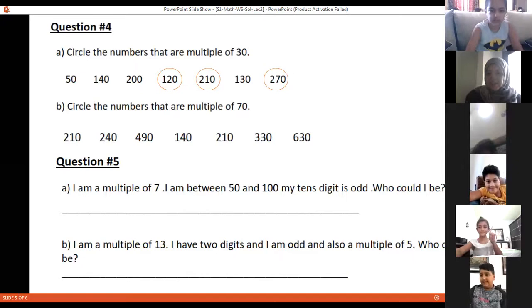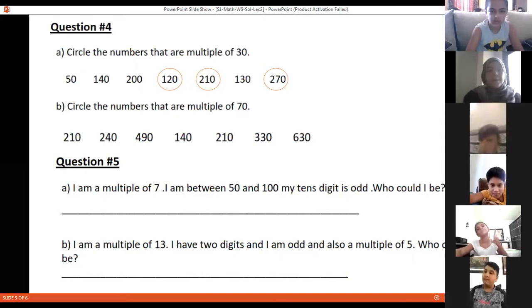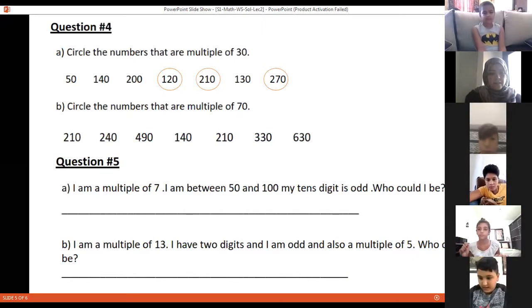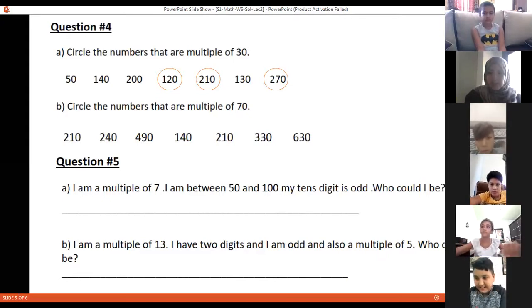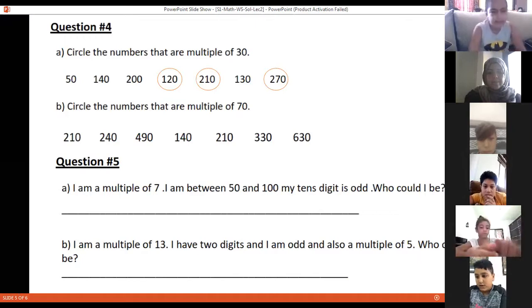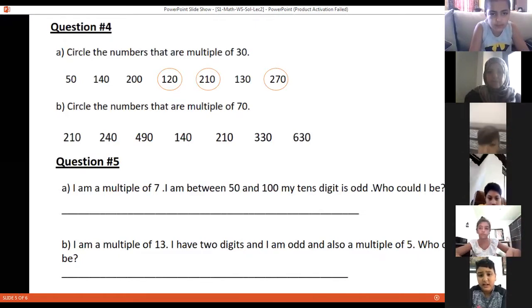Now Hassan. In part B, circle the numbers that are multiples of 70. 140. Yes. 210. Very good. 490.